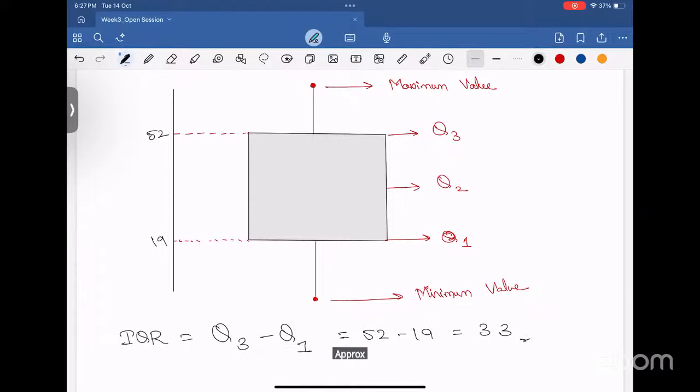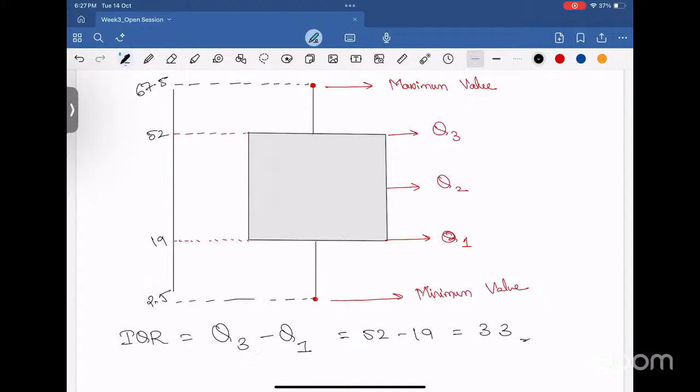And then the range of the data is maximum minus minimum. The maximum is somewhere in the middle of 65 and 70, which we say is 67.5. The minimum, between 0 and 5, the middle is 2.5.